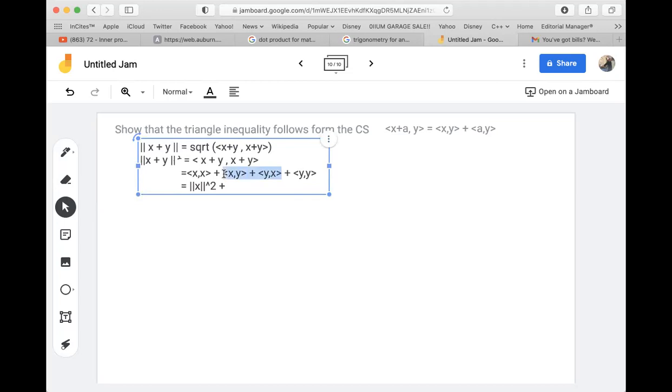So for this part here, we can highlight it here.